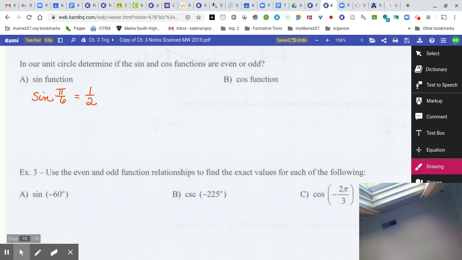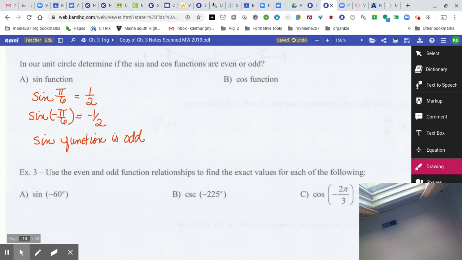So then what I need to do is check the sine of a negative pi over 6. And the sine of a negative pi over 6 tells me that I have a negative 1/2 value. So since those values have changed to opposites, we are going to decide that the sine function is odd.